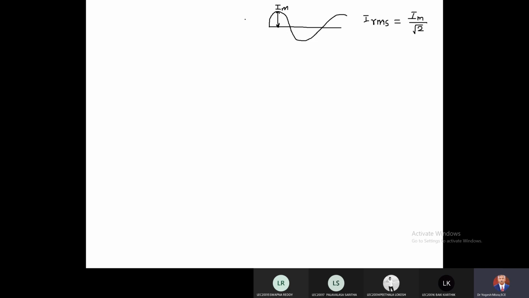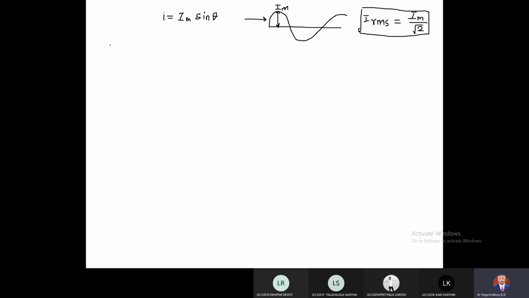And this sine wave is represented by small i equal to Im sine theta, right? Now, how have we calculated this value, IRMS equal to Im by root 2, of this sine wave?